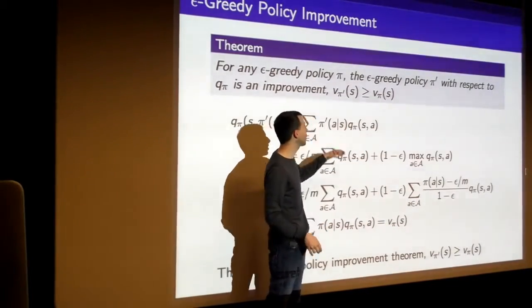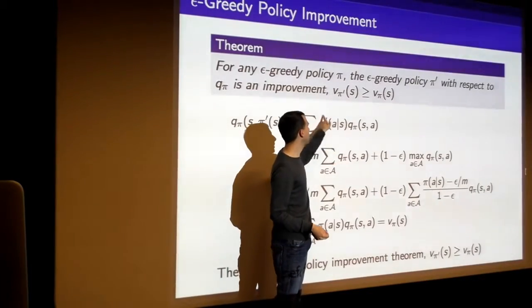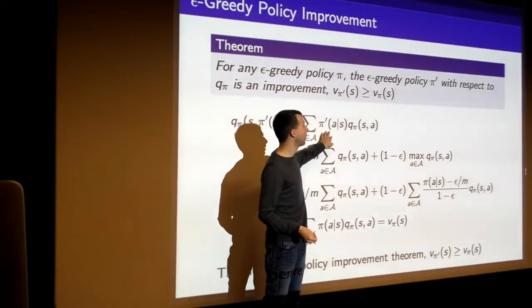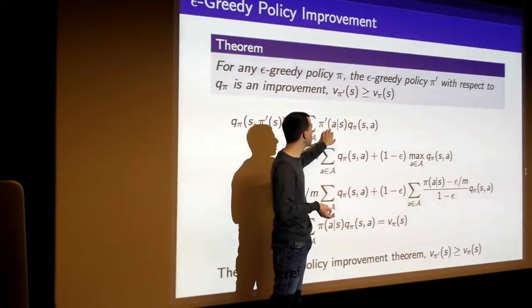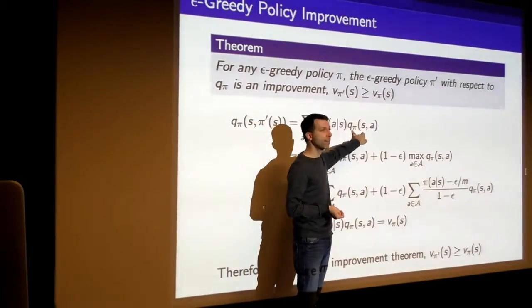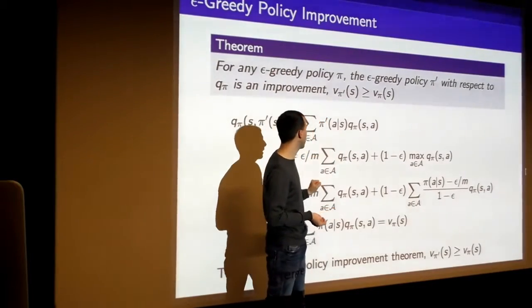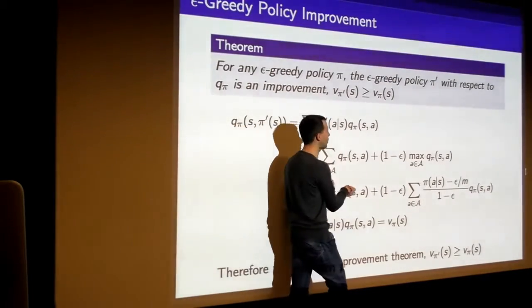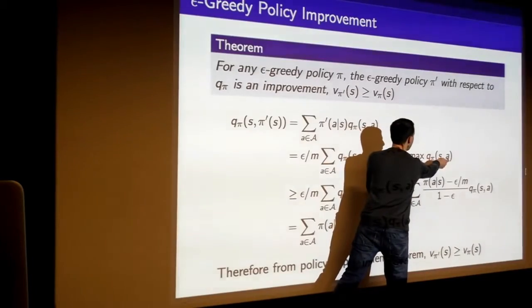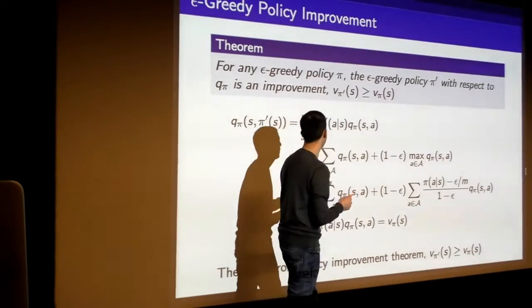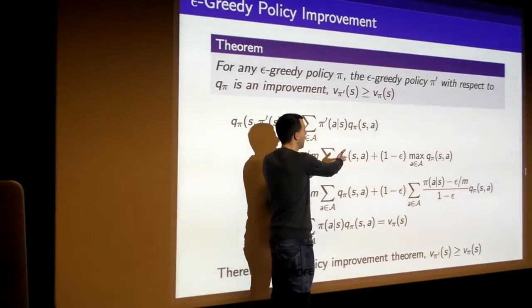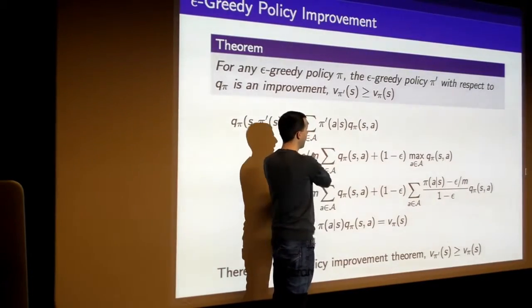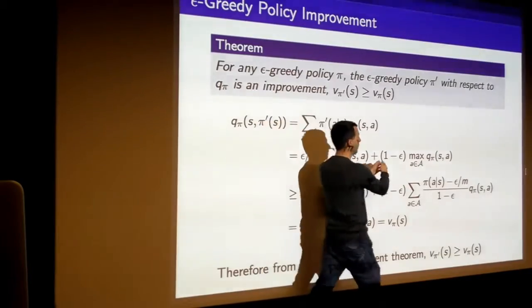This is just an expectation. So this is our epsilon greedy policy, and for one step there's some probability that we're going to take each action, multiplied by the value of that action. This is just unrolling the expectation. And we can split that into the probability of taking the greedy action plus the probability of taking every action. So this is what happens if you choose to explore, and this is what happens if you choose to act greedily.